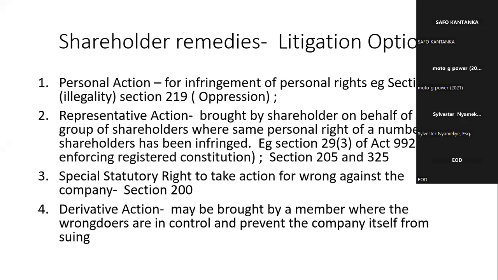And the same thing applies to the rule or the principle against oppression. As a shareholder, you can invoke section 219 to get a remedy against oppression. And oppression is a very big concept which encompasses various types of grievances, various types of improprieties, various types of wrongdoing, which the member may complain of against the company.